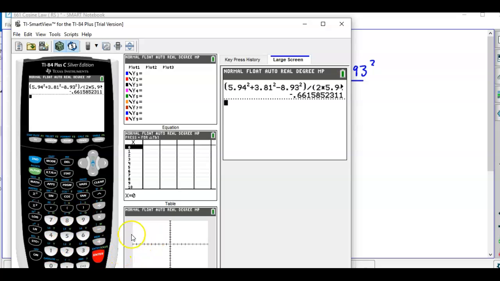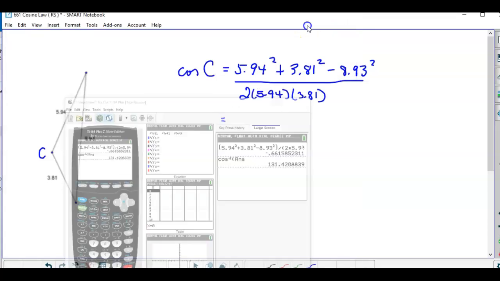Okay. Notice how it's negative, and that's okay. It's going to be negative if the angle is bigger than 90, and we'll talk more about that in a few lessons. But go second cos of that answer, and you get 131.421. So let's go back, negative 0.662.